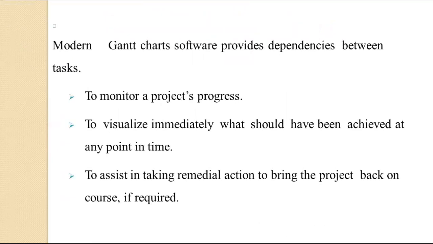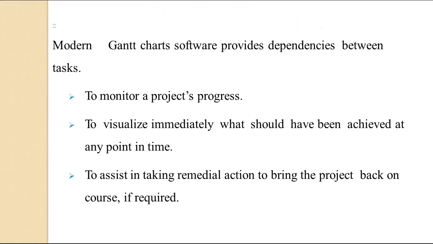Modern Gantt chart software provides dependencies between the tasks, to monitor the project's progress, to visualize immediately what should have been achieved at a point in time, and to assist in timely remedial actions to bring the project back on course, if required.